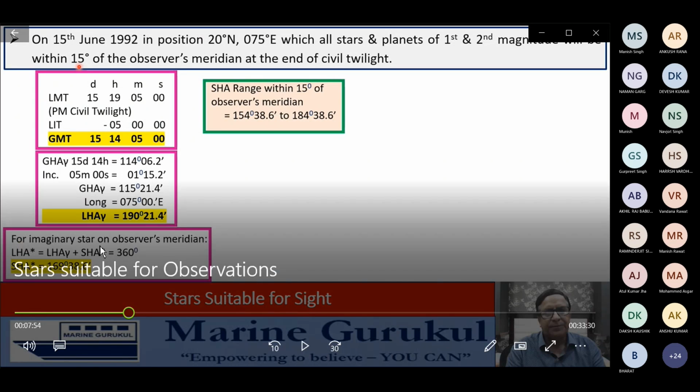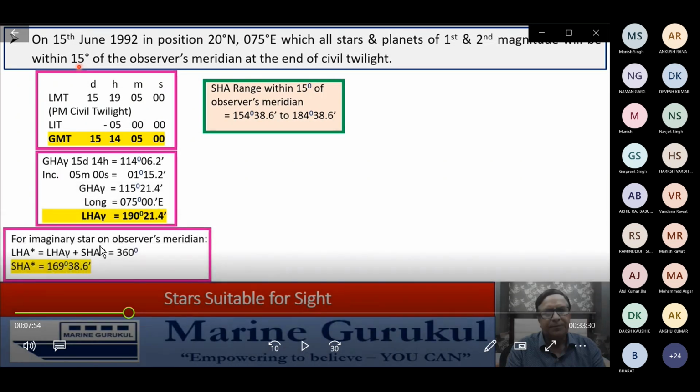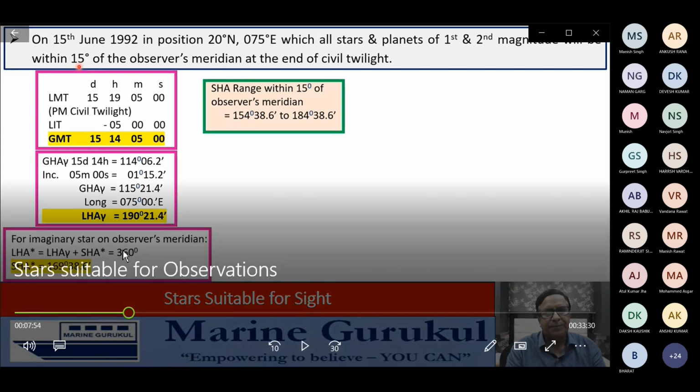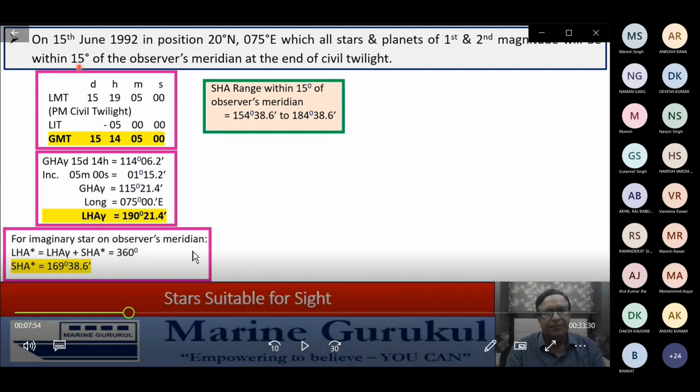Now, beta, we want to find out the SHA of the observer's meridian, or you can say the SHA of an imaginary star on the observer's meridian. So how do we find it? We assume an imaginary star which is on the observer's meridian. Now, if we have a body on our meridian, what will be its LHA? 0 or 360 degrees, sir.